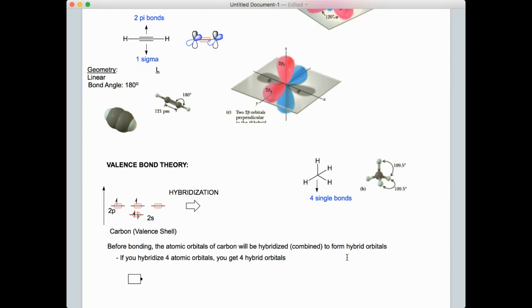So for a carbon with 4 single bonds, it has 4 sigma bonds. So the carbon is going to combine the 4 atomic orbitals. If I combine 4 atomic orbitals, I'll be getting 4 hybrid orbitals, because you always get the same number. And because we're combining 1s with 3p, we are going to call these 4 orbitals sp3 orbitals.